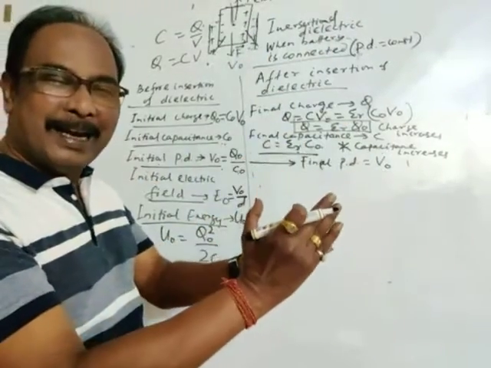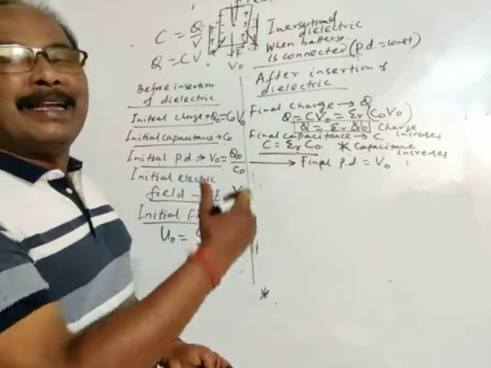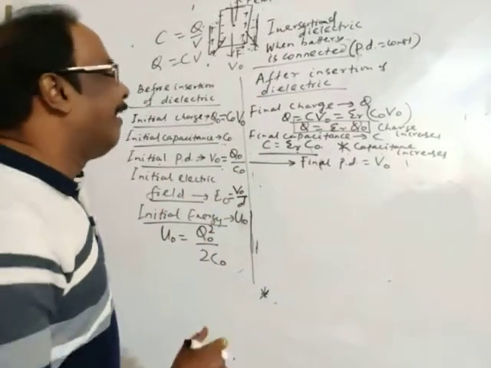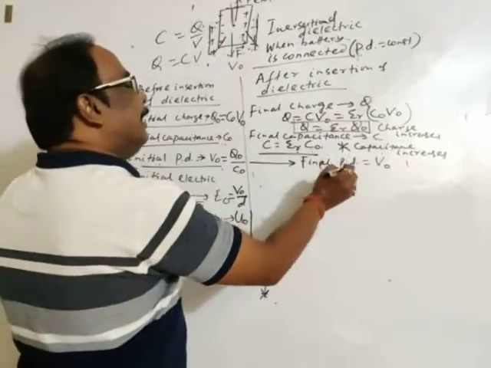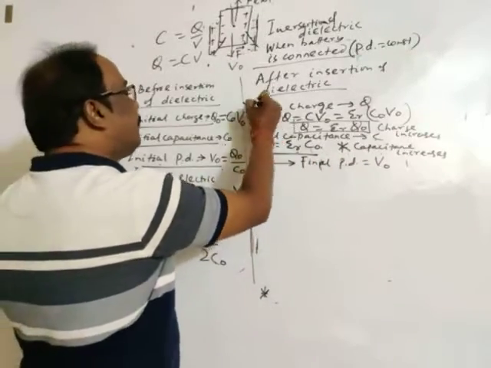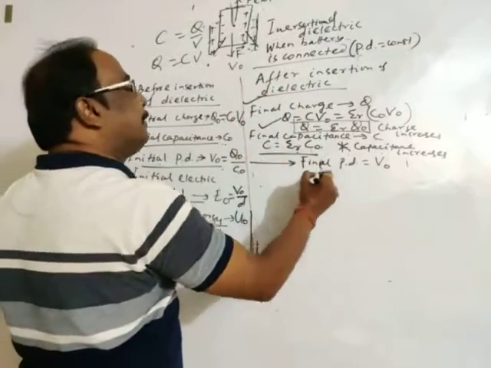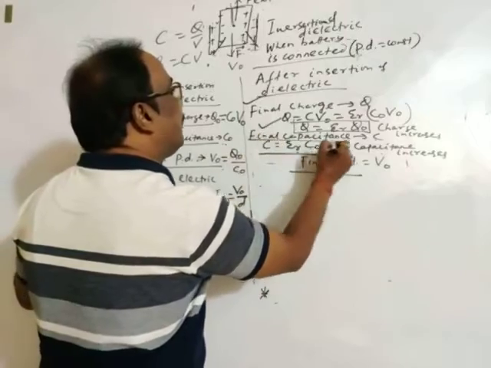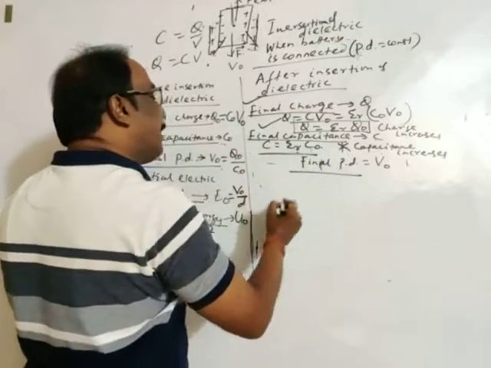Again, the battery is connected, so charge is supplied through the battery, so charge increases. This is the theoretical concept. We have discussed final charge, final capacitance, and final potential.